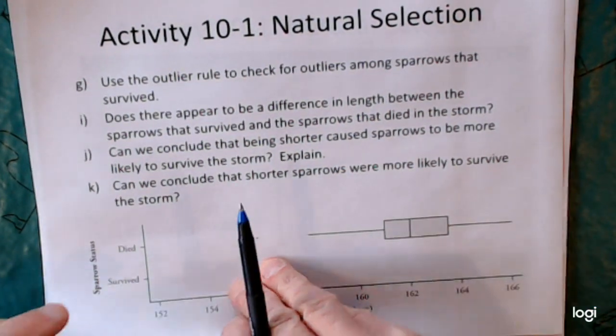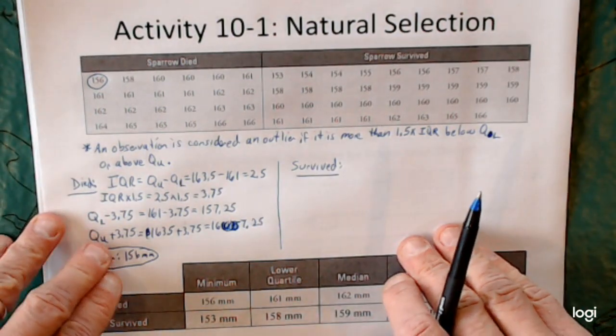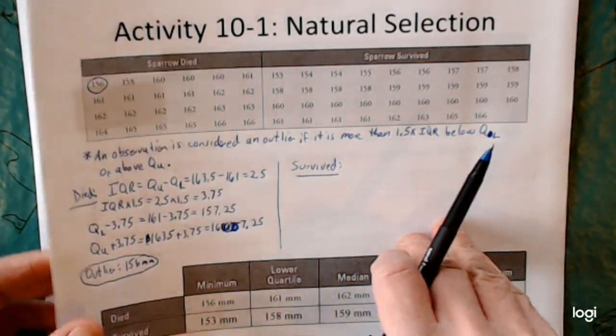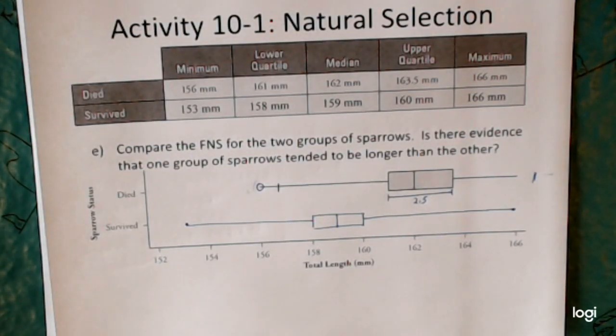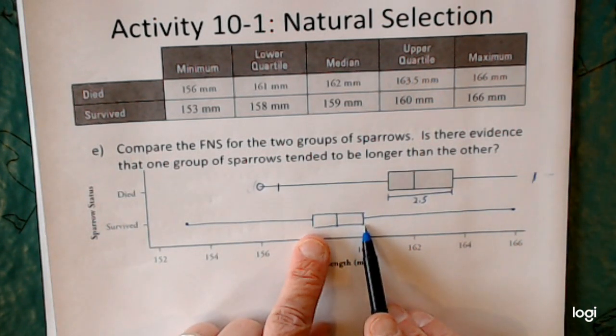So now let's do it for the sparrows that survived. When I look at the sparrows that survived, just looking at the picture of the box plot, I'm telling myself, boy, it sure looks like there's going to be some outliers, because here's my middle 50%.